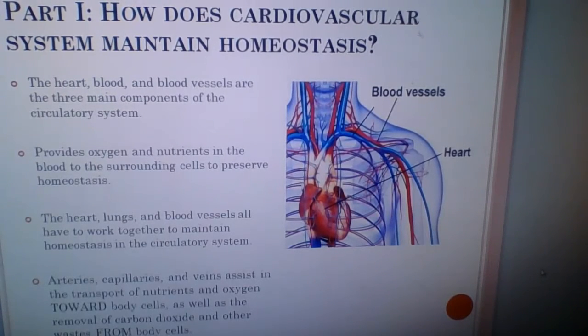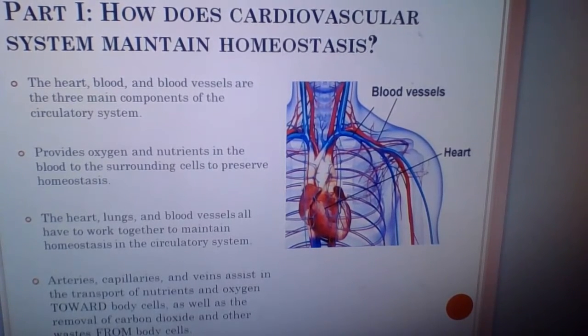Now, this is the second part of how the cardiovascular system maintains homeostasis. The heart, blood, and blood vessels are the three main components of the circulatory system. It provides oxygen and nutrients in the blood to the surrounding cells to preserve homeostasis.